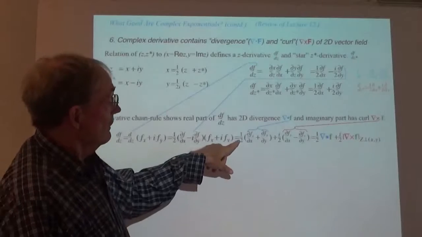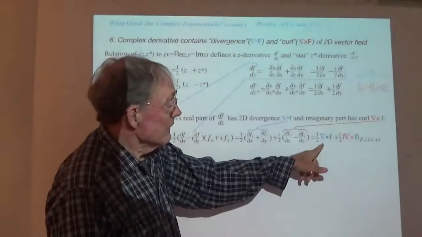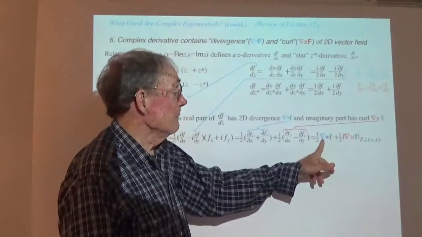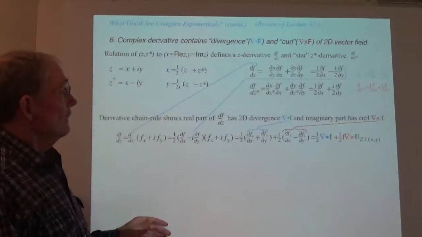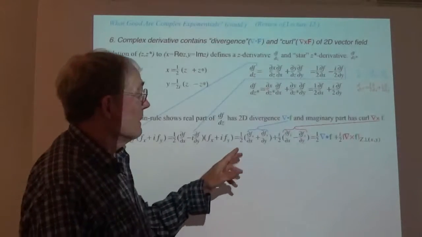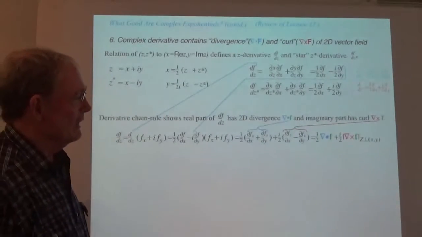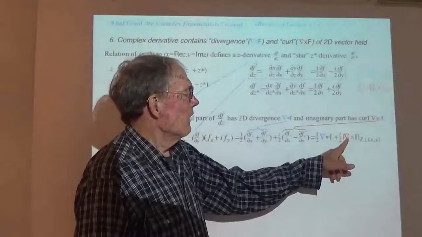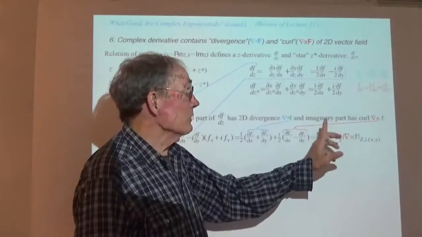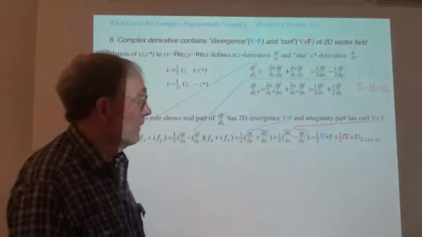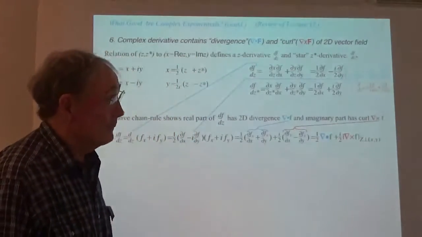But then here what's happening is that the derivative has a real part and an imaginary part too, but this time the real part is half of the divergence of the field that this function is describing. And the imaginary part is the one-dimensional, you might say, curl, del cross f as opposed to del dot f, but only one component of it. So that's this particular structure there is a real number.